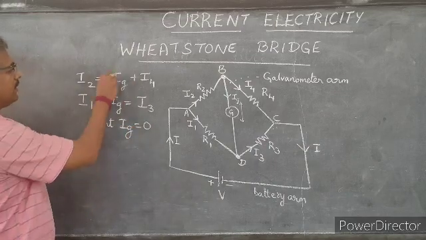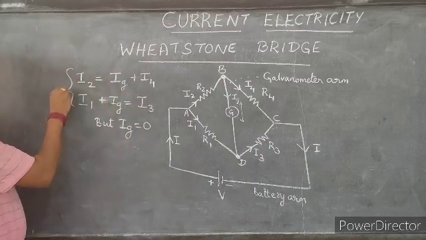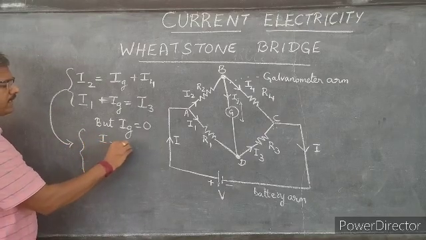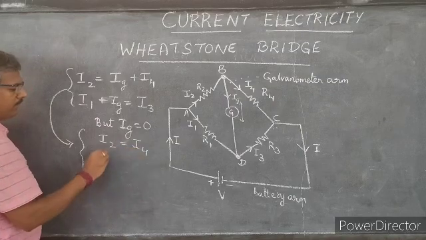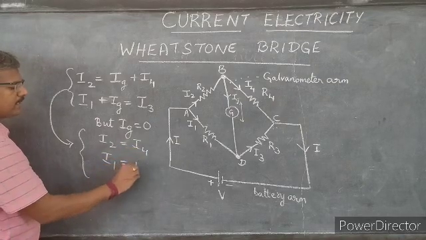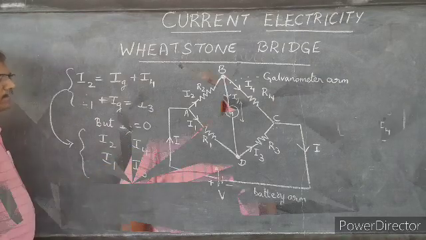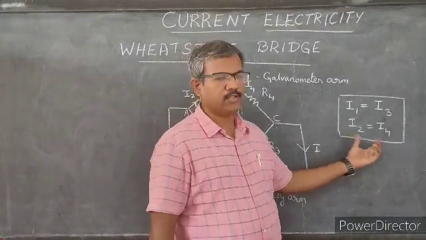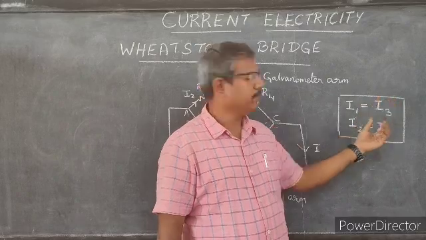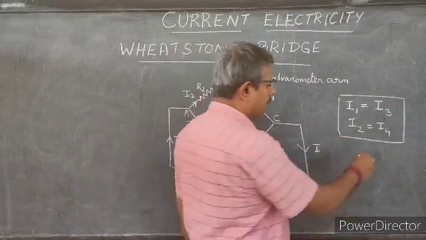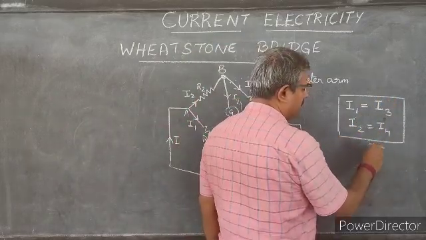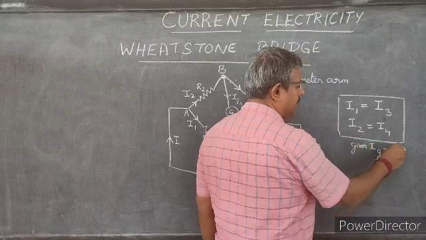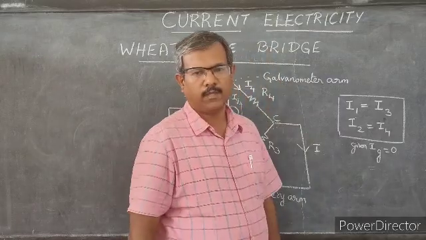In which case, both these equations now reduce to I2 equals I4 and I1 equals I3. So I have summarized our findings till now in the box over here. So we got I1 equal to I3 and I2 equal to I4, given Ig is equal to 0.